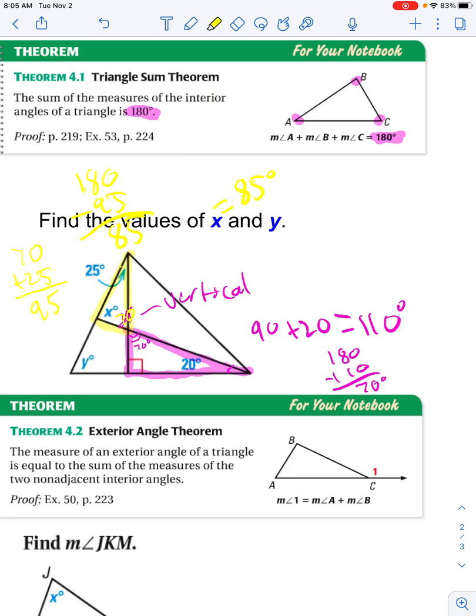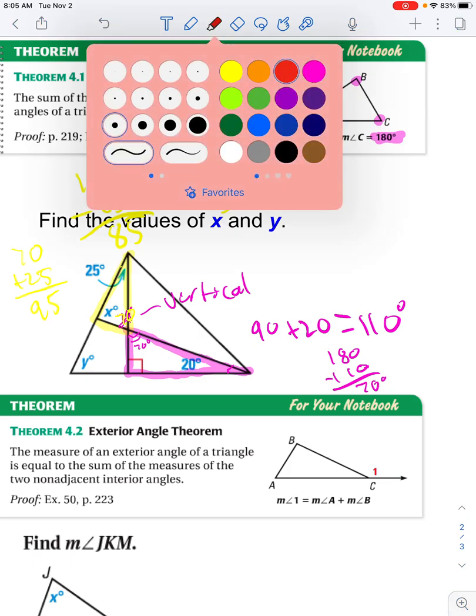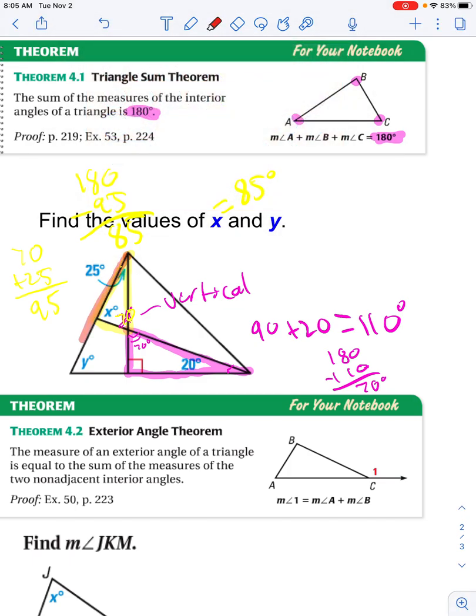Now we're going to look at a third triangle in this one picture. It's a little bigger triangle right here. And I see that I have a right angle. If I have a right angle over here, I'm also going to have a right angle here, which again tells me 90 degrees. I know this is the same angle, so I'm using 25 again.